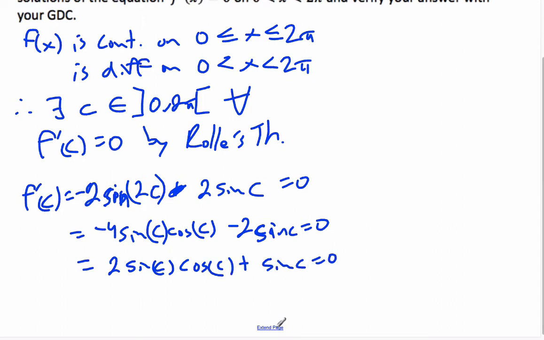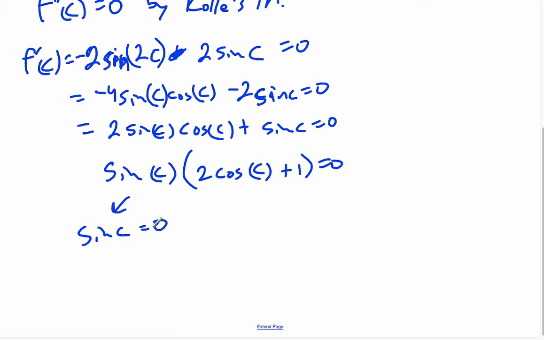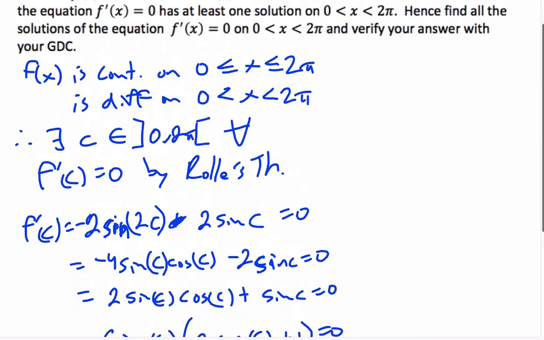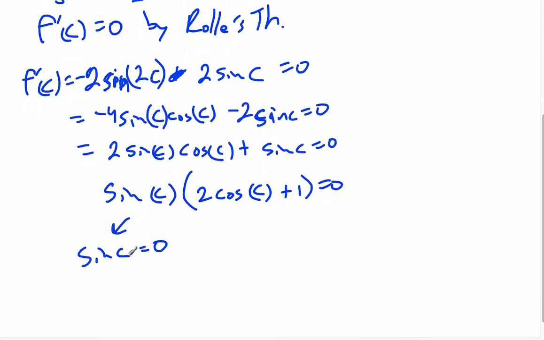And to solve this, we factor out sine c, and we have 2 cosine c plus 1 equals 0. So we have sine c equals 0, and we're going from 0 to 2 pi. Remember, it's on the open interval, so it's not including 0 and 2 pi. So sine c equals 0 when c equals pi on that interval.